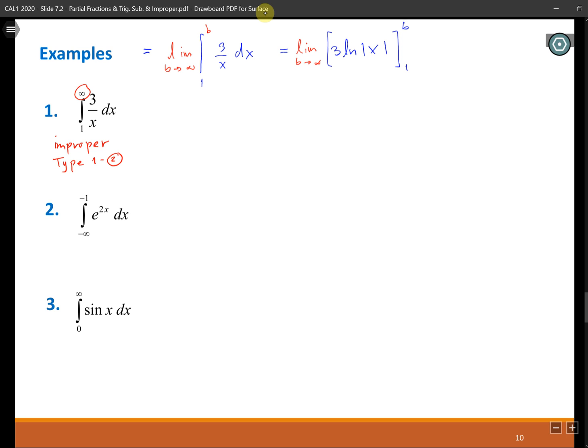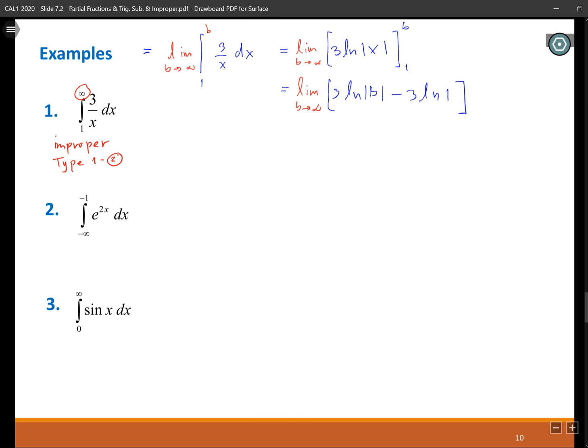So let's perform the calculation. The limit as b goes to infinity of 3 ln absolute value of b minus 3 ln of 1.